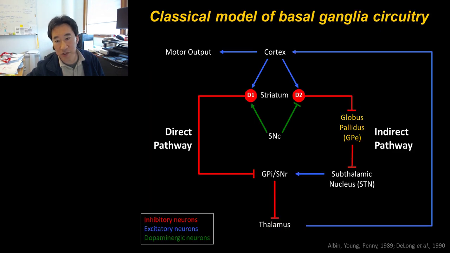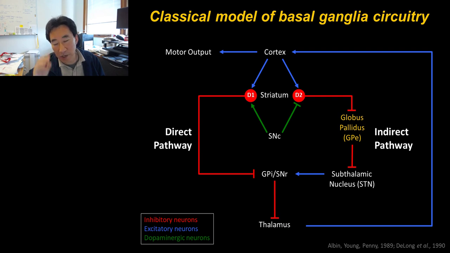To apply this tool, we study the basal ganglia. My lab has been studying the role of the basal ganglia in movement disorder and decision making. This slide is the very classical diagram of the basal ganglia, from striatum, globus pallidus, and thalamus and cortex.